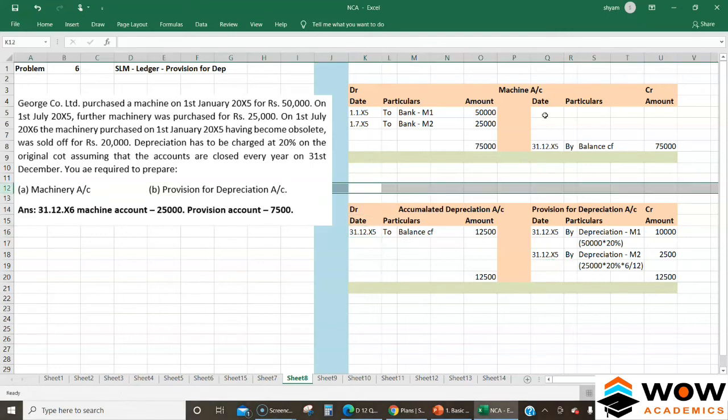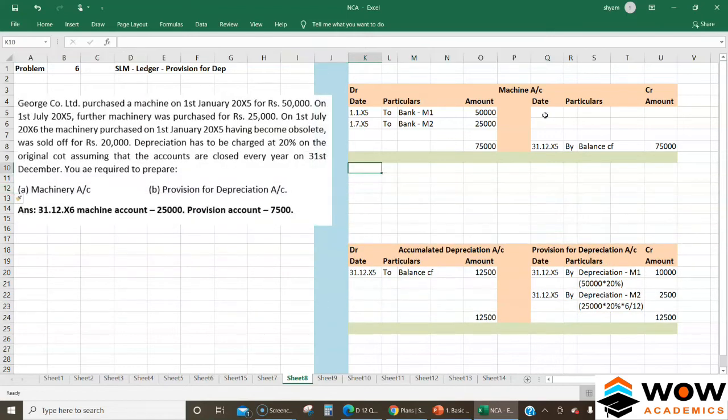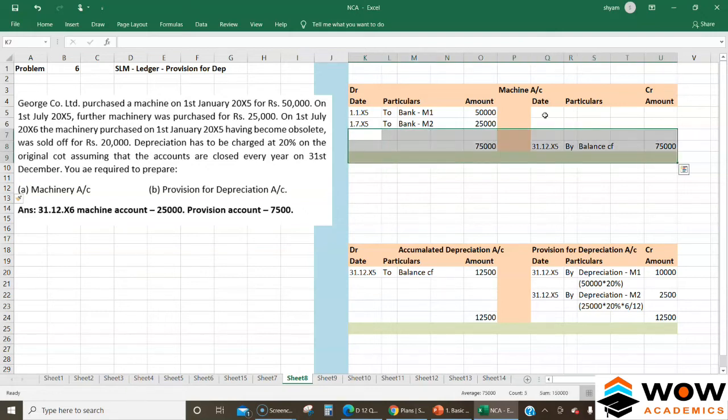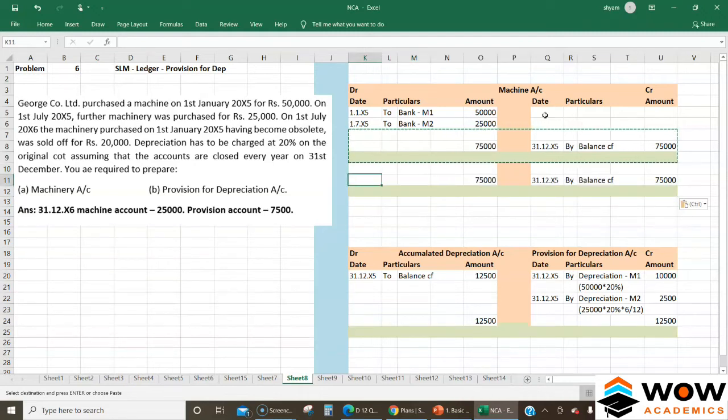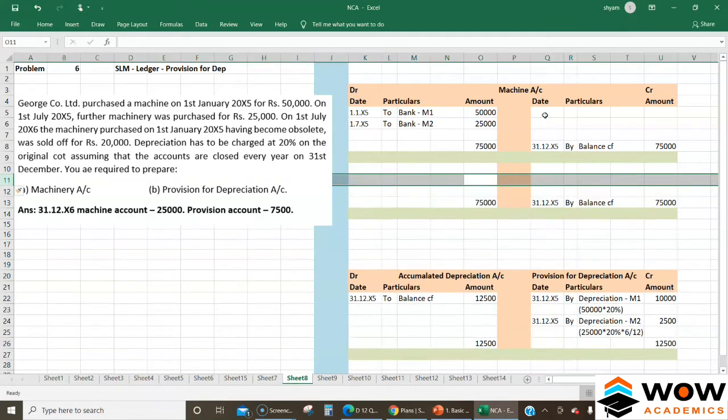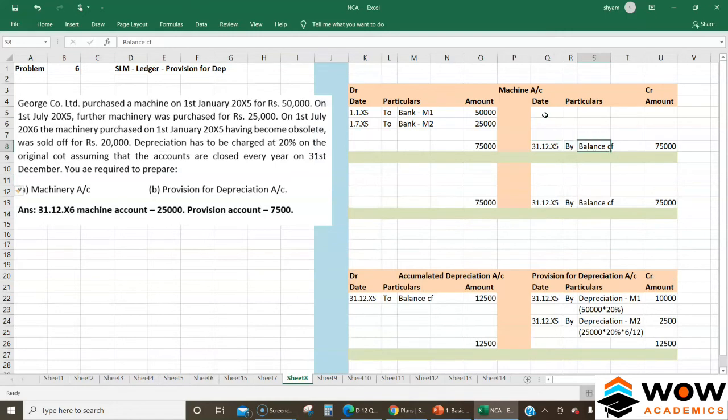Now we have to start with the next year. We take this value, and the opening date would be 2006, sorry, 2016.